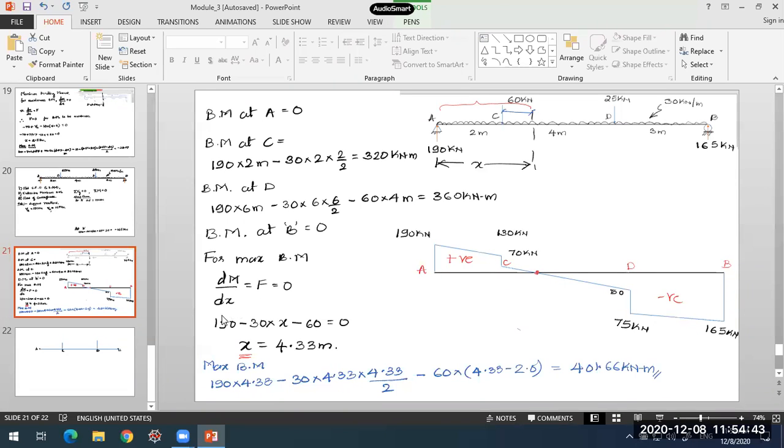So we equated the shear force to 0. This is the point where bending moment will be maximum. By doing that, we got the distance x where shear force is 0, and we determined the bending moment at that distance x. This is 401.66, the maximum bending moment in this beam, right?